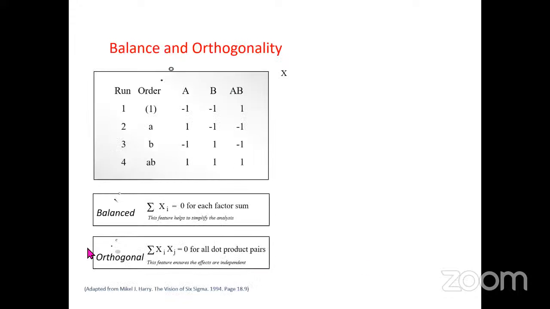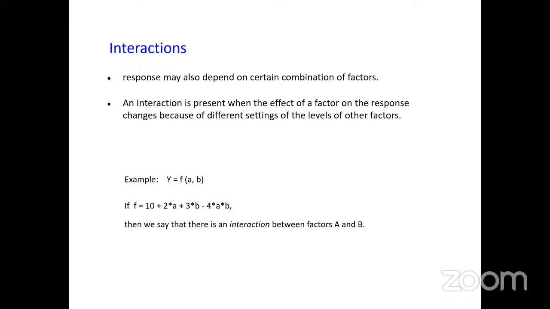So that is called orthogonal. Any design you plan should be both balanced and orthogonal. That's very important, because that way there is no bias. Overdoing experiments at some level and underdoing them at another level is totally unacceptable. That's an important point to keep in mind.